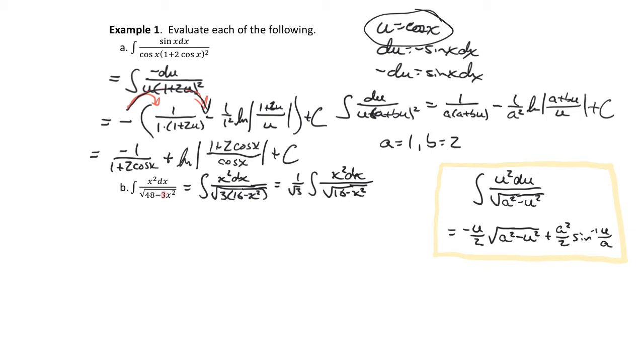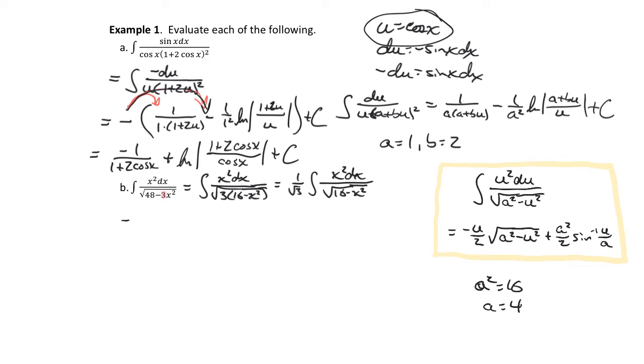In our particular case, I'm doing the 16 minus x squared under the square root, so it seems to me that 16 should match up with the a squared, which means that a would be 4. We often just take the positive root. We always just take the positive root for such things.